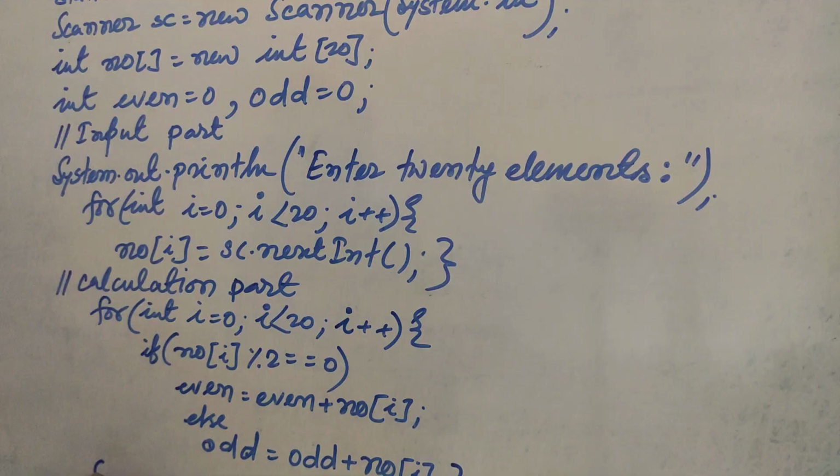Now the output part. System.out.println: sum of all even elements, and for the variable I am taking even.